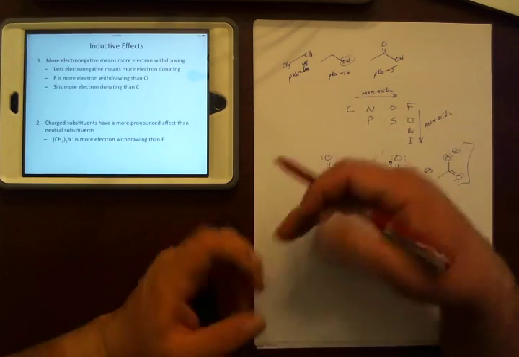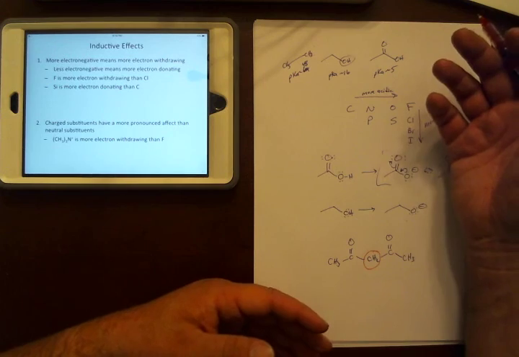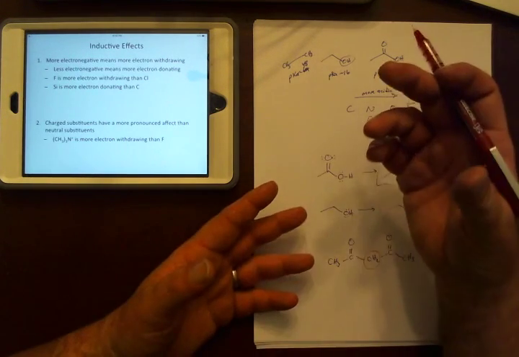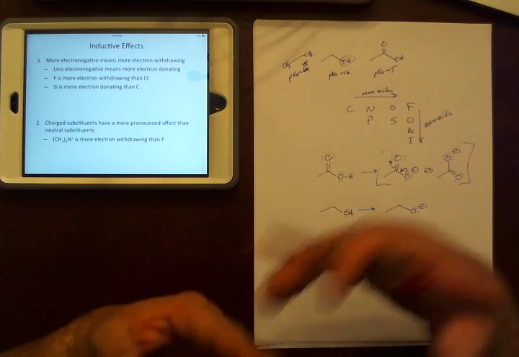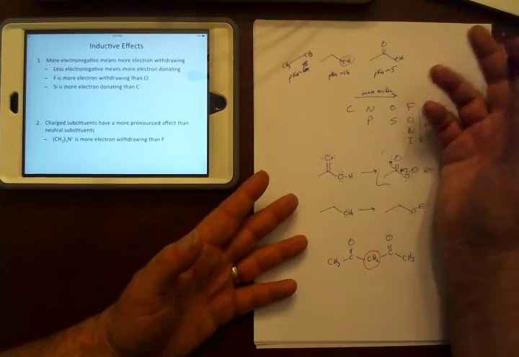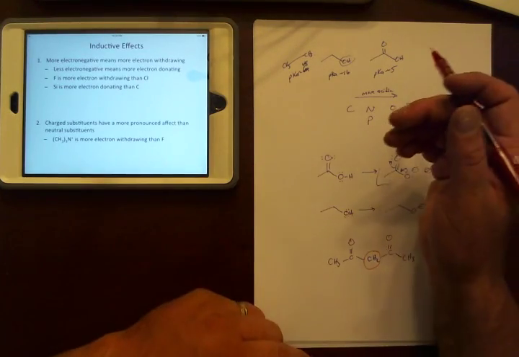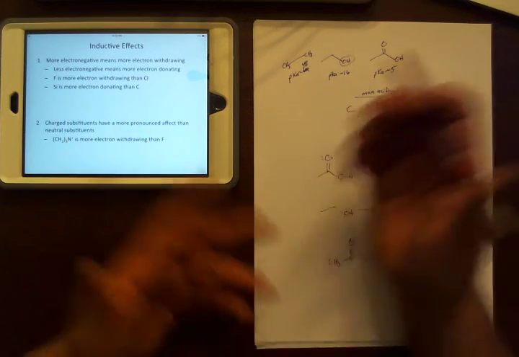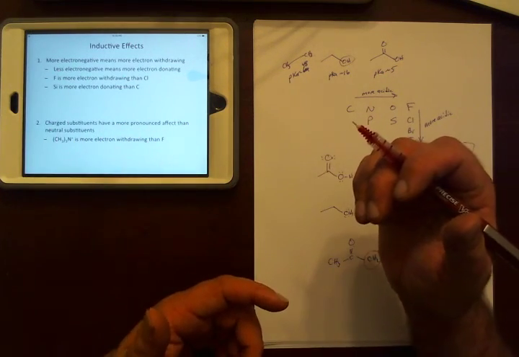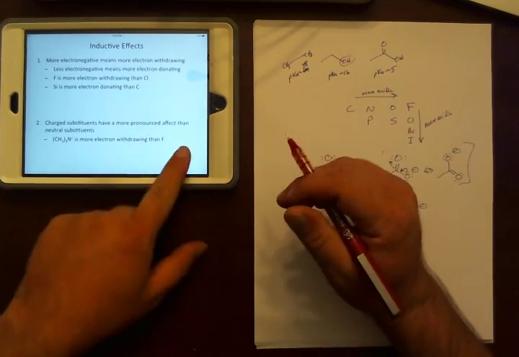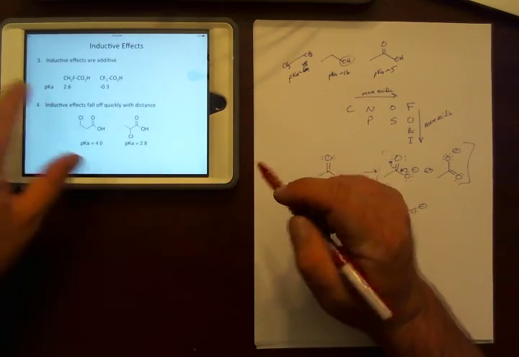So the more electronegative it is, the more electron withdrawing it is, and the more acidic it's going to be. The less electronegative it is, the more donating it's going to be, and the less acidity it's going to have. Charged substituents are going to have a bigger effect than neutral substituents, particularly positively charged ones.